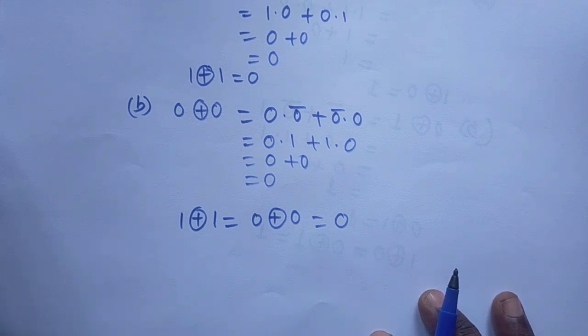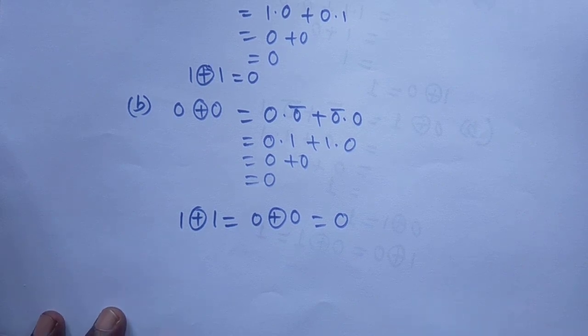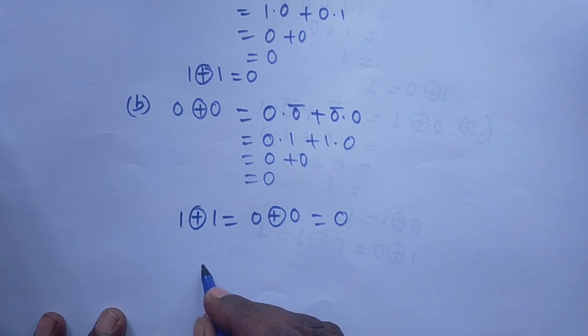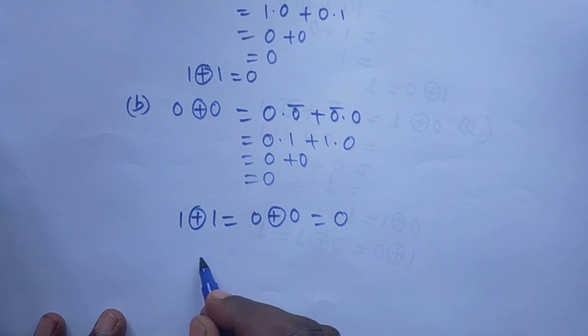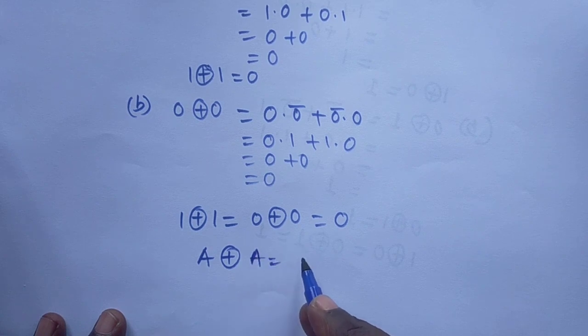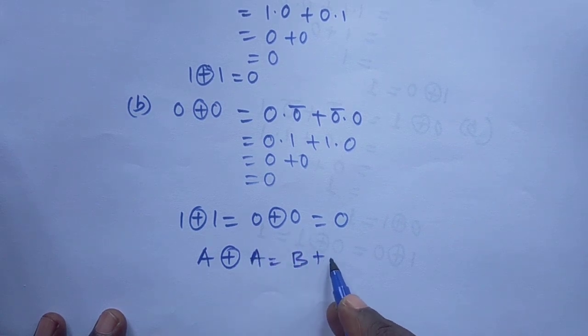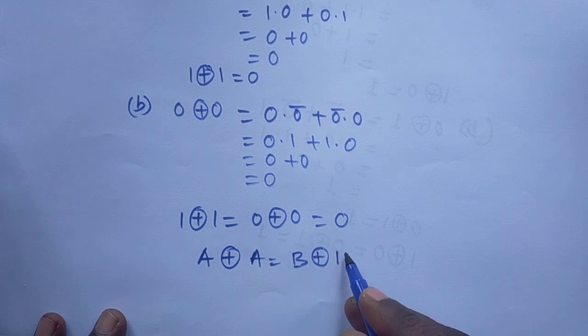You see how it is working and what the result of that is. Different ways we apply, like if the values are the same, like here 1 is the same, 0 is the same, that is A XOR with A, B XOR with B.